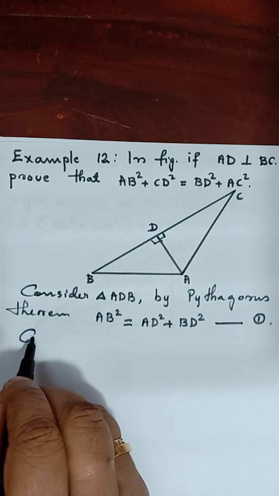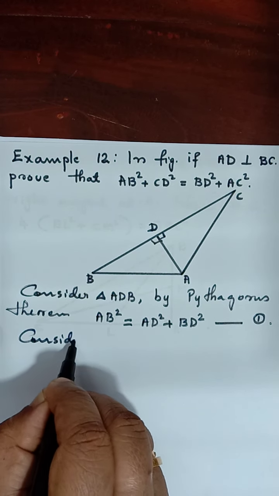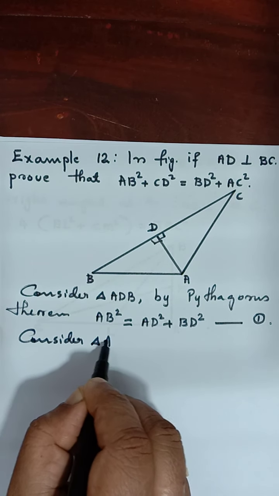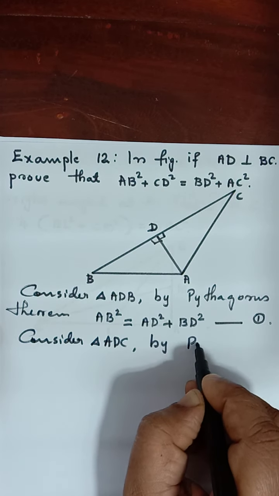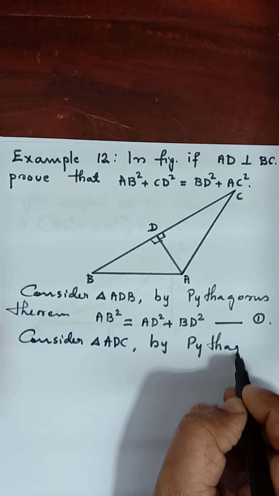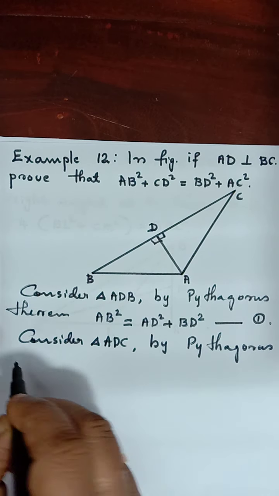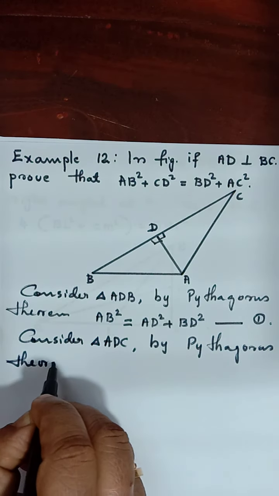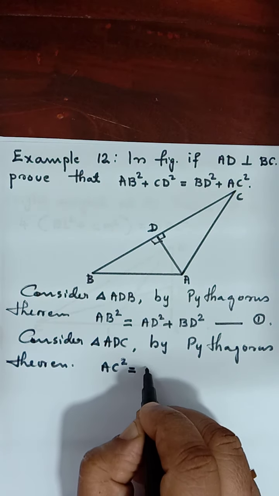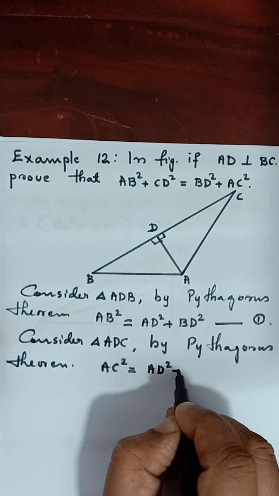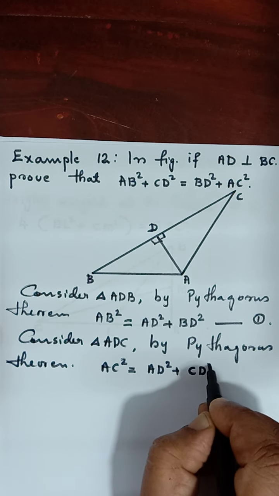Okay, consider triangle ADC. By Pythagoras theorem, AC square is equal to AD square plus CD square.